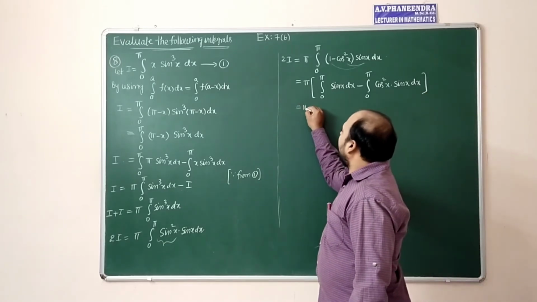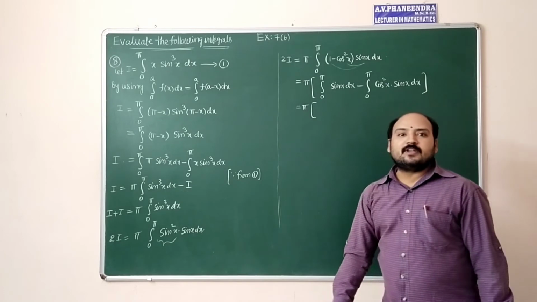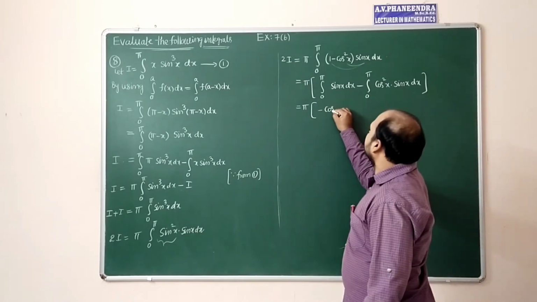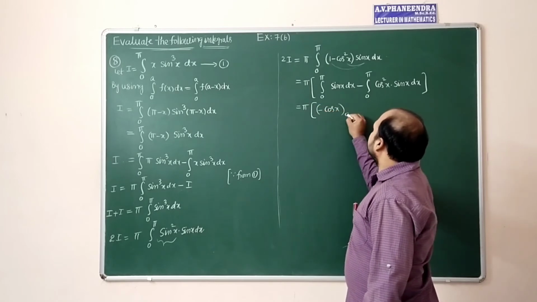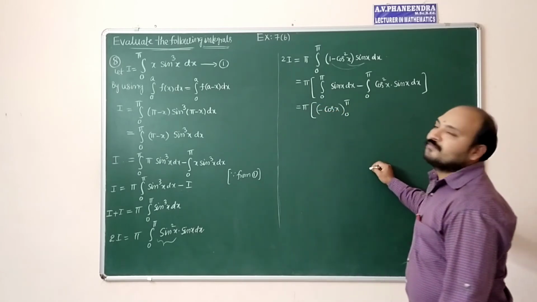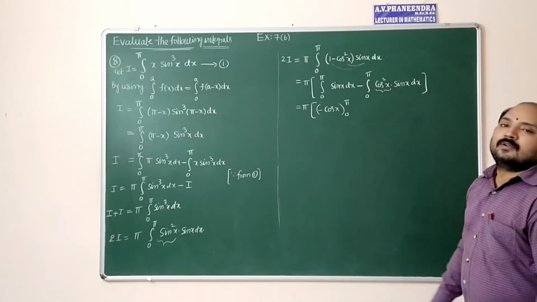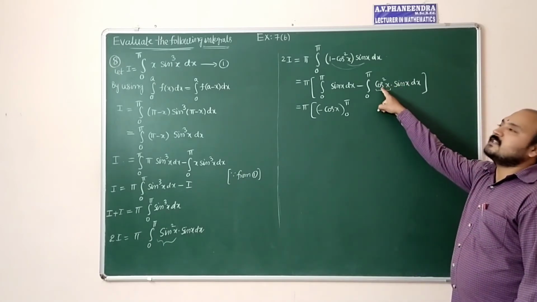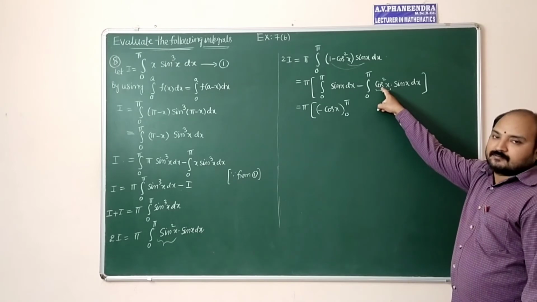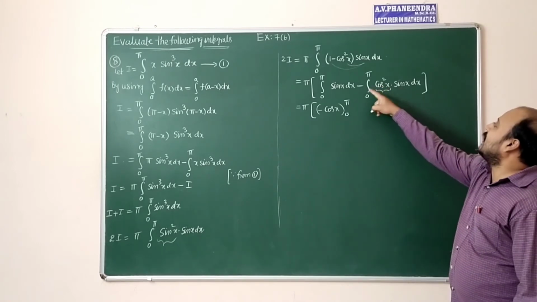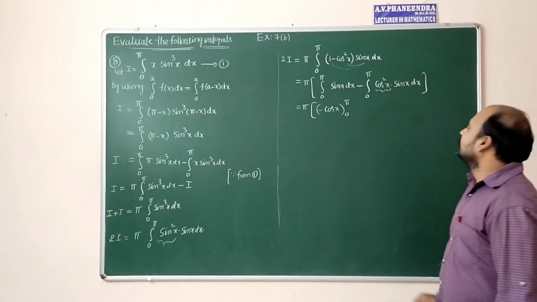Which is equal to pi into, what is integral sine x? Minus cos x, applying the limits 0 to pi. Here, if you take cos x equal to t, then the derivative of cos x is minus sin x.